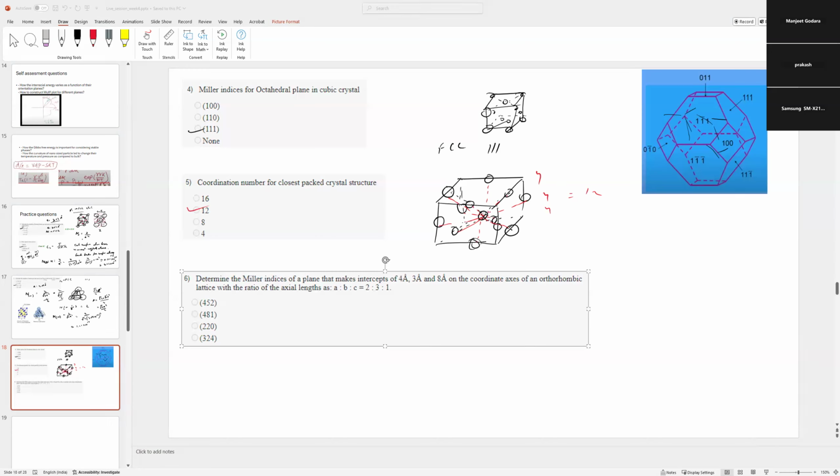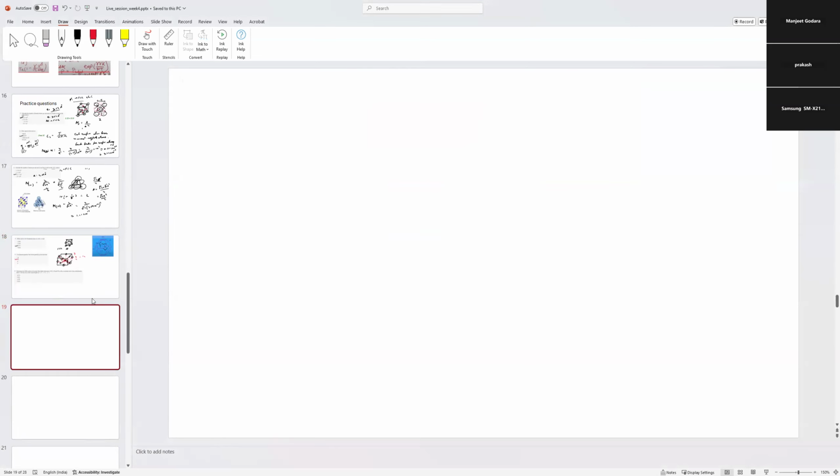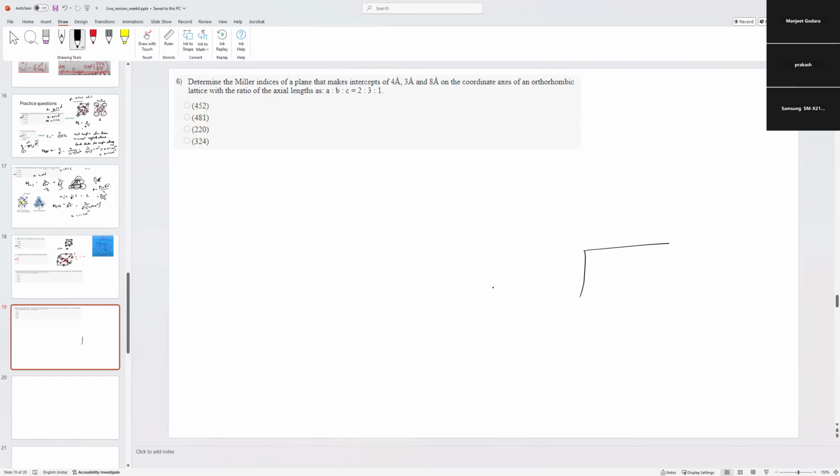Okay, so this is your orthorhombic unit cell.